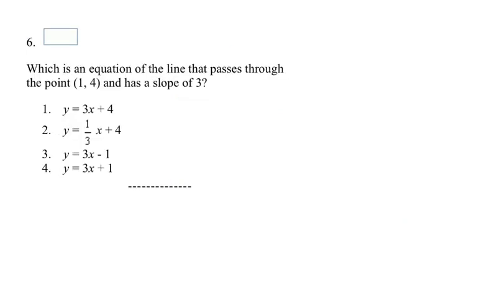Number 6, which is an equation of a line that passes through this point and has a slope of 3. Now, we can do this one in two different ways. First way is, since the slope is equal to 3, we know that the equation would be y equals 3x plus b. But since the point 1, 4 fits into this equation, we can say 4 equals 3 times 1 plus b.